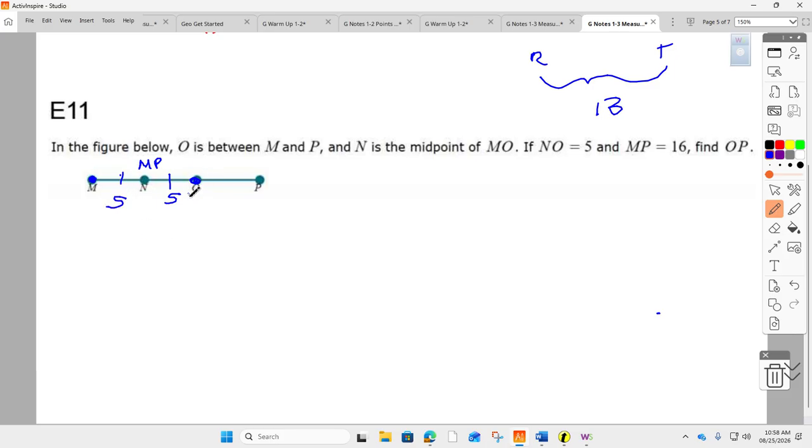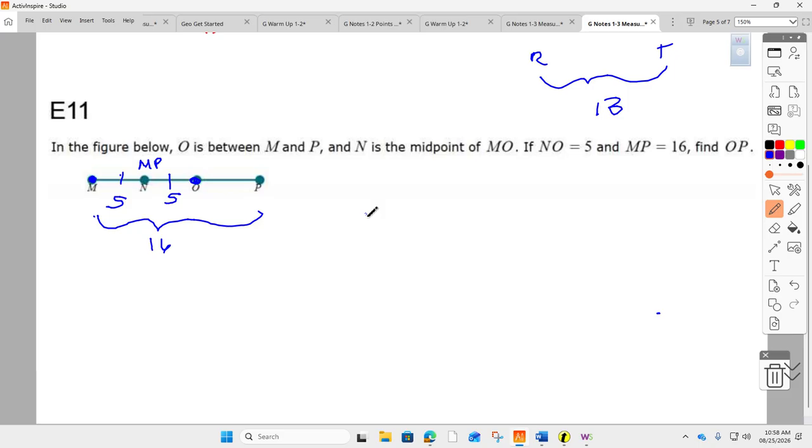Everybody I looked at had the whole thing, MP, labeled as 16, which is correct. But over half the people did 16 minus 5 to get the length of OP. So be careful. This is 5 and this is 5, right? So this plus this equals 16.